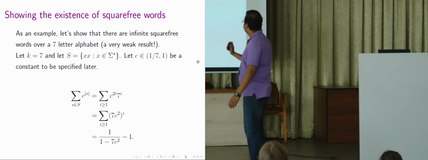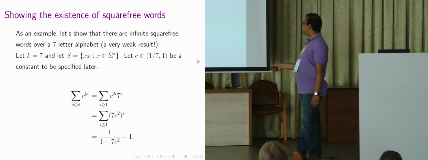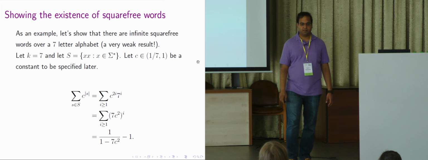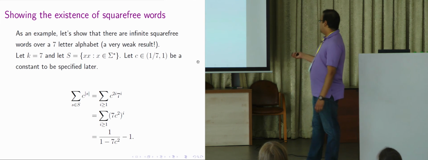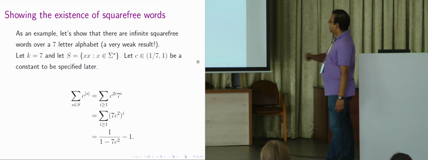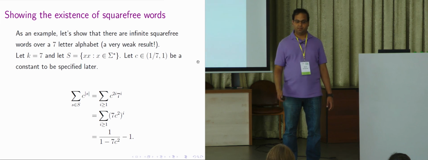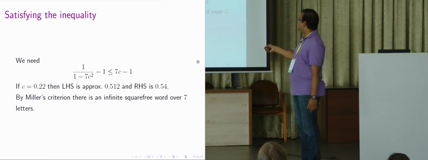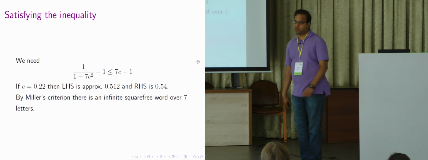So I get this expression here, which I simplify. Now I need to show that for a suitable choice of C, this is less than 7 times C minus 1, and the C that works is 0.22.